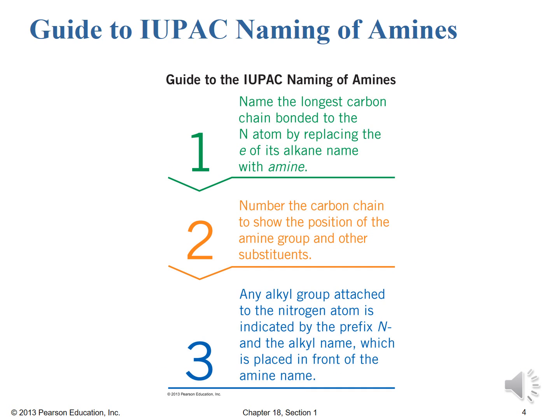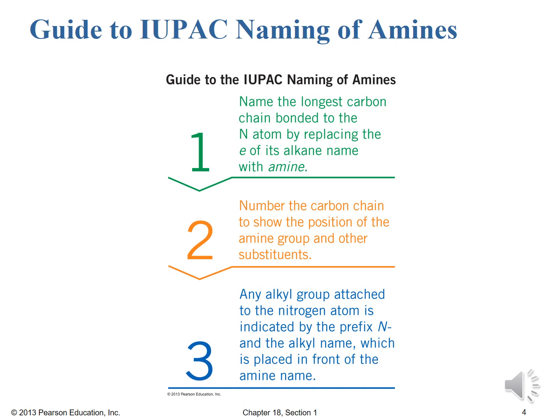So let's go back to our guide. We didn't have too much trouble, I hope, naming the lipids in the previous chapter, but now let's go ahead and use our guide as a help to figure out this IUPAC naming of amines. So first, we want the longest carbon chain that has the nitrogen atom of the amine group contained within it. We'll replace the E of its regular alkane name with amine.